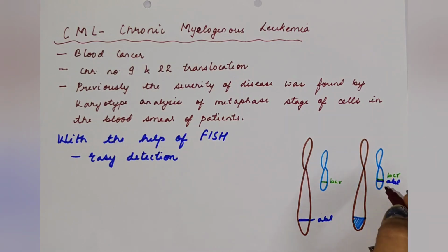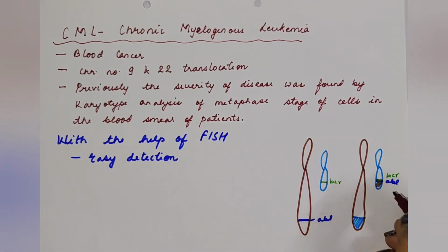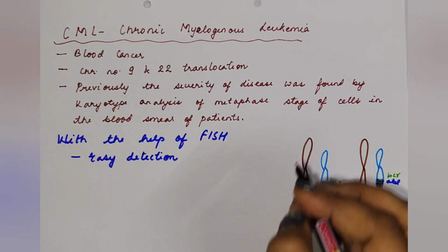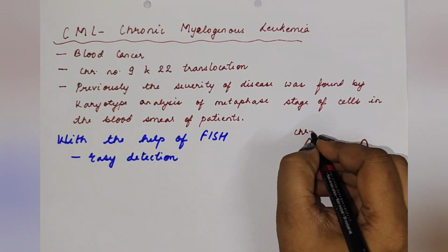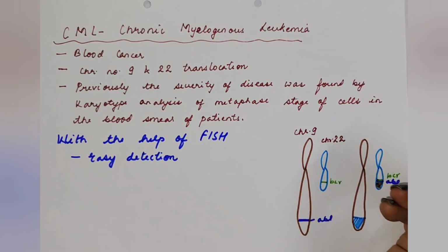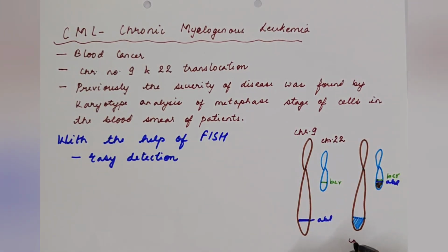The shaded portion of chromosome number 9 with blue color is the portion of chromosome number 22. Due to this translocation, the genes ABL and BCR come close together. This translocated chromosome in case of CML patients is also known as Philadelphia chromosome.